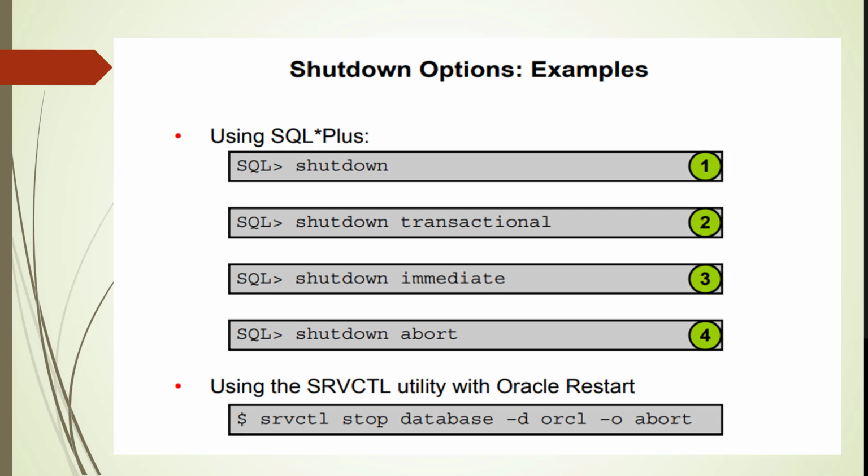If we have grid infrastructure, we can use the SRVCTL utility with Oracle Restart, and we already gave an example for these shutdown options. So you can choose any of them according to your purpose.